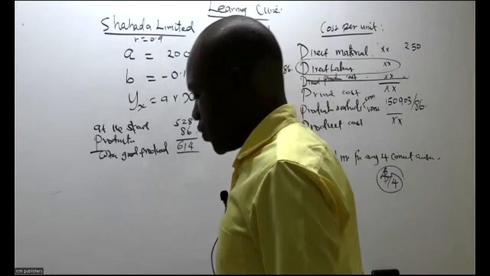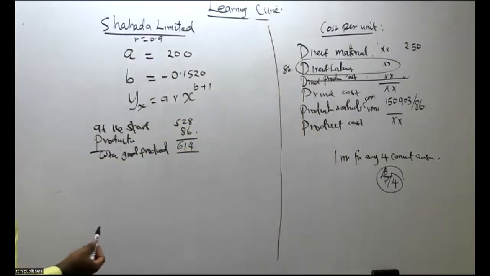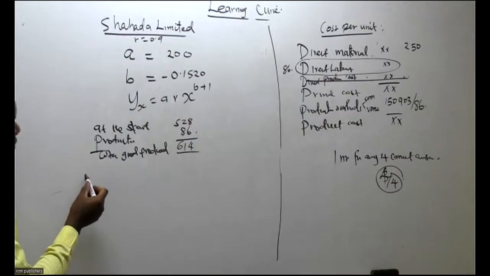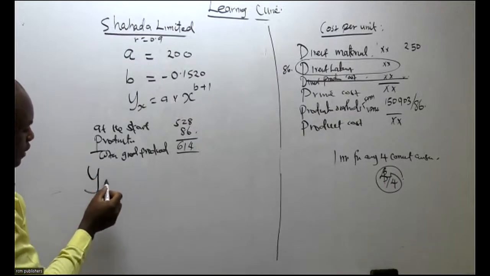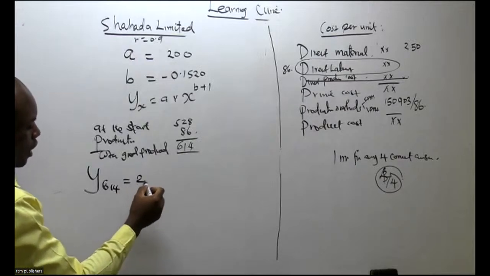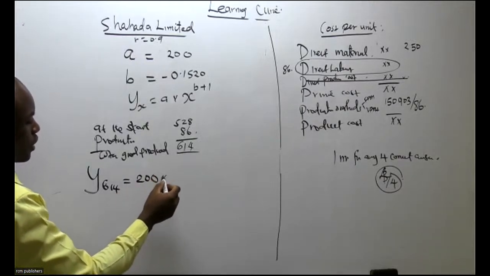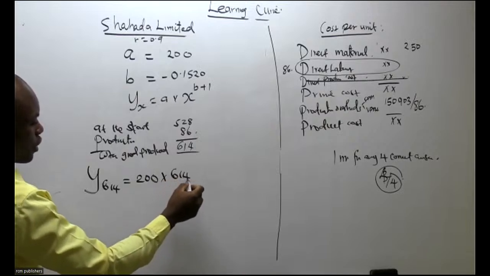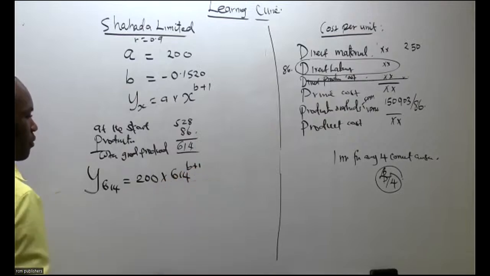So look at it. How do I get the total time taken to produce 86 units? It will be the time taken to produce the first 614 units, which is time taken to produce the first unit times 614 raised to power b plus 1.